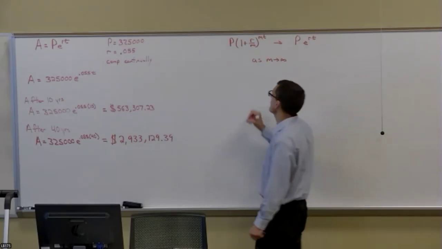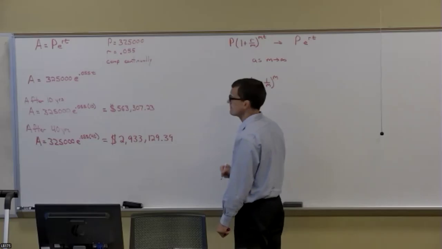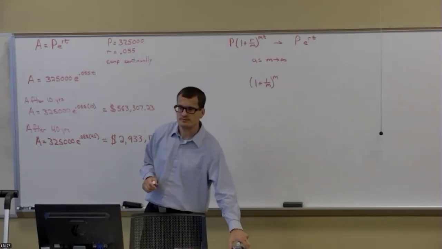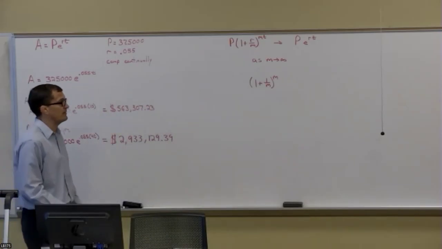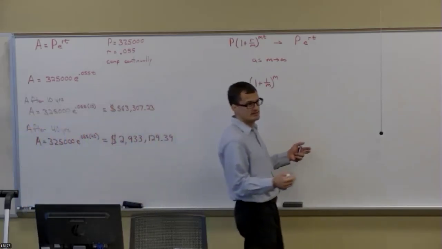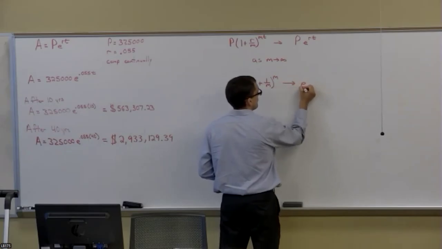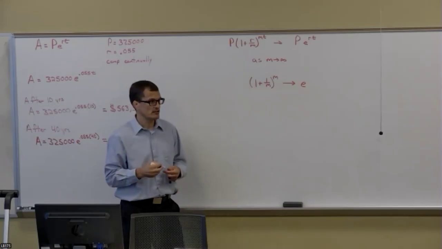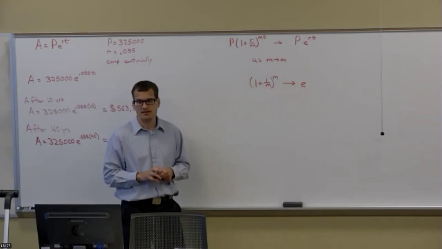The reason for that is because if you take 1 plus 1 over m to the m power, if that value of m gets really, really big, then this actually goes to e, gets closer and closer to e as m gets really, really big. Does that make sense?